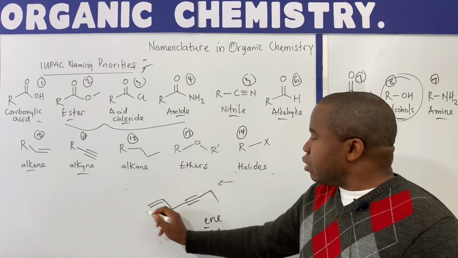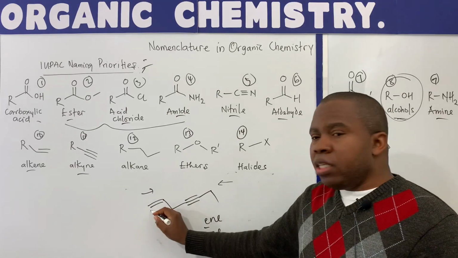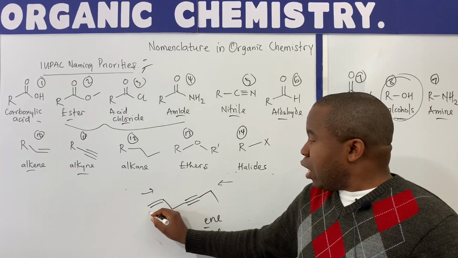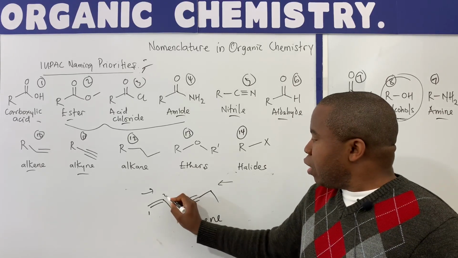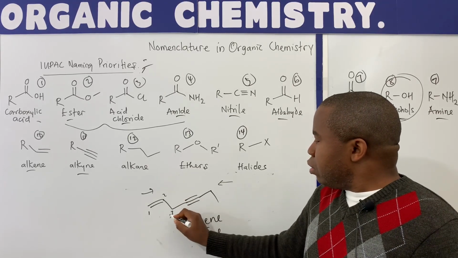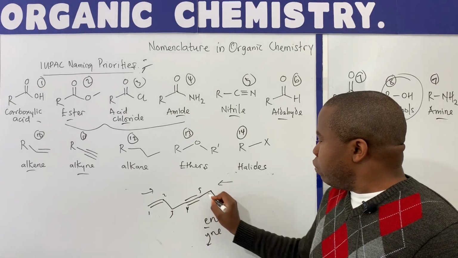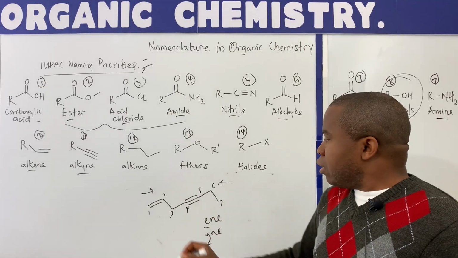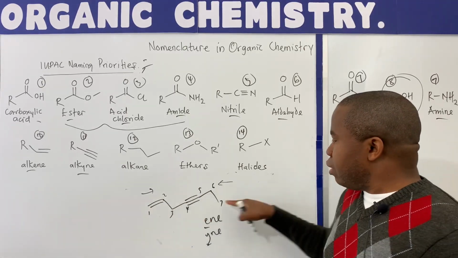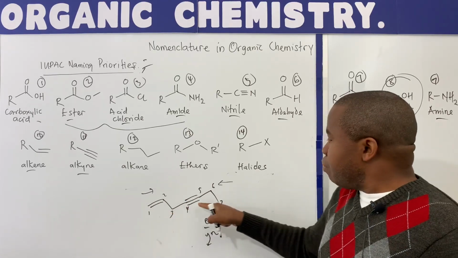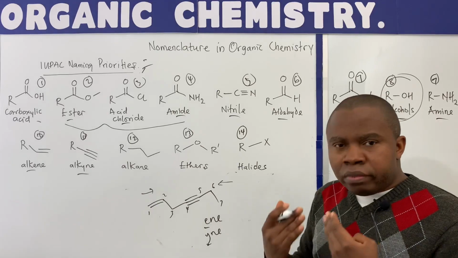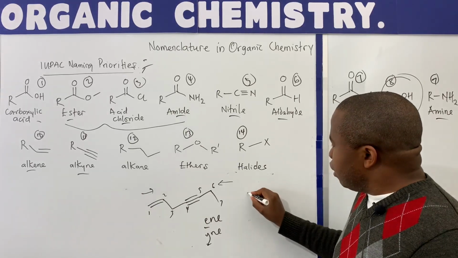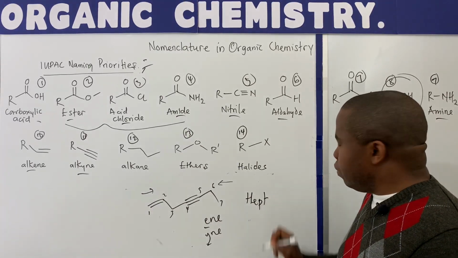And so we're going to start from this side, and that's going to put our alkene in the first position, and then we have this carbon as second, third, fourth, fifth, sixth, seventh. And so this is the longest carbon chain, and that means our parent name is going to be a 7-carbon name, and that will be hept.